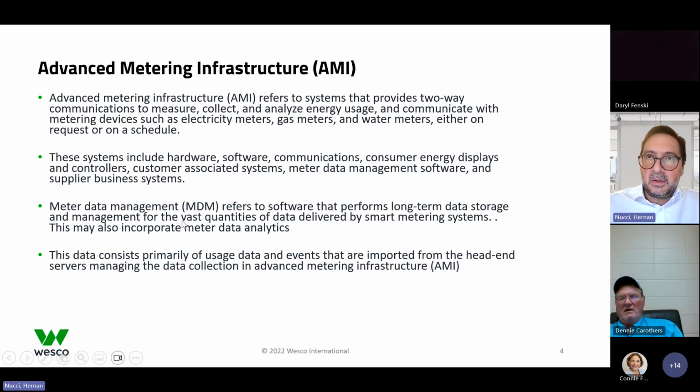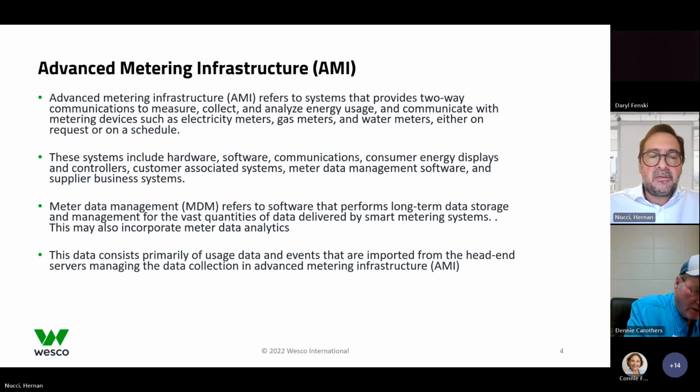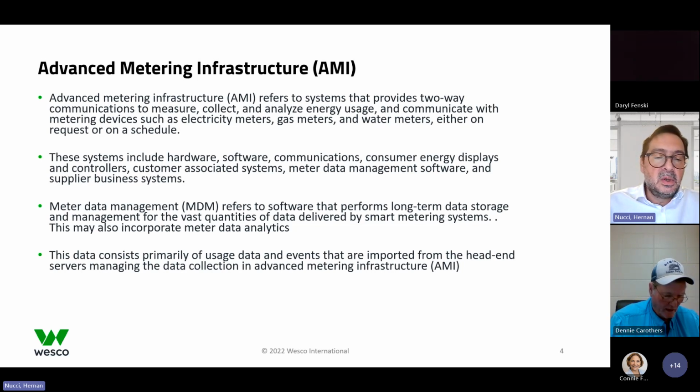I think the one with the largest short-term storage is 1 year. After that, if you need more years in your database, you need to buy an MDM. It's the only way to store information and do the analytics. And typically, in that MDM, the data is usage data, events, alarms, not only the readings.